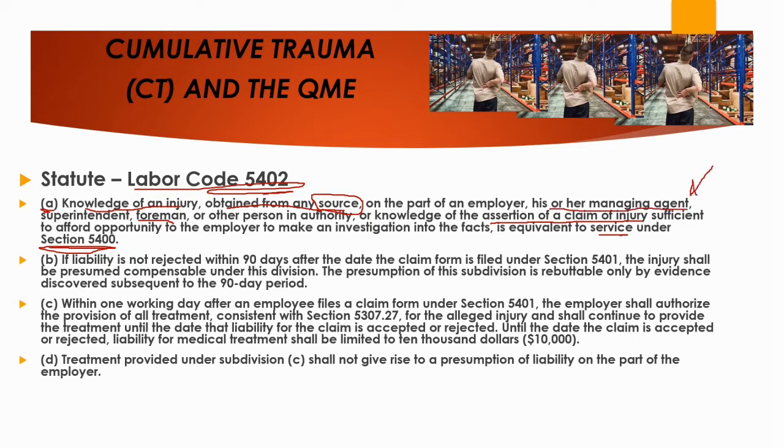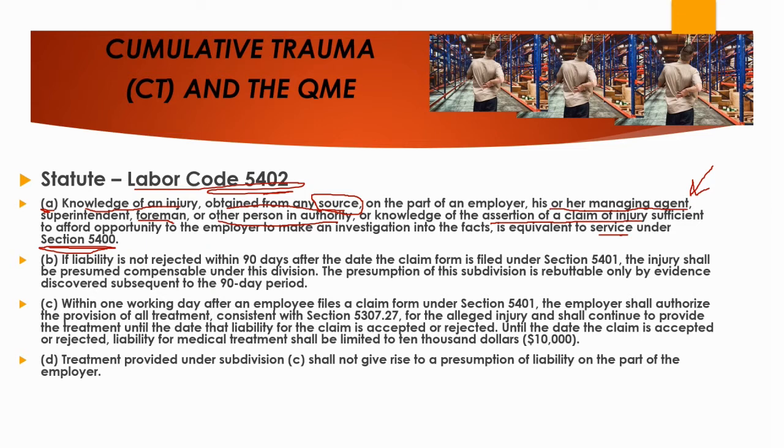You can have your wife call into payroll. You can have your wife call into the parent company. You can have your wife call into any person in authority to assert a claim for industrial injury, either specific or cumulative. This applies to both. And that's equivalent to service.